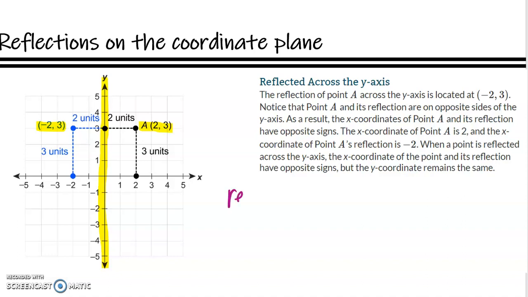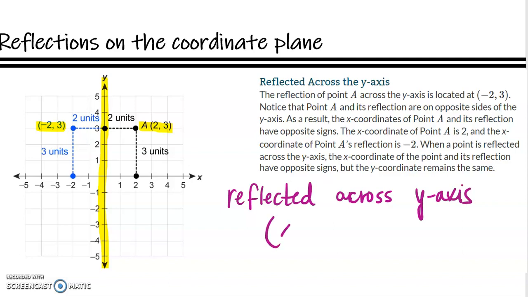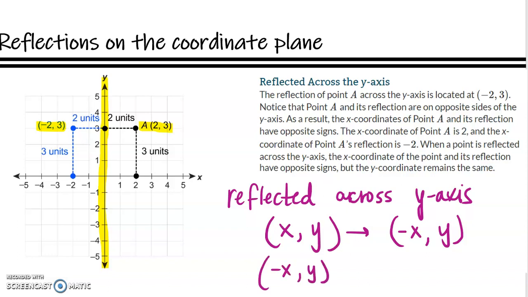This is something that you should write into your notes. When this is reflected across the y-axis, your y stays the same, but your x changes to the opposite. Now, if it was already negative, then it's going to change to a positive.